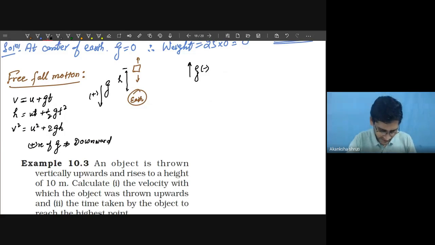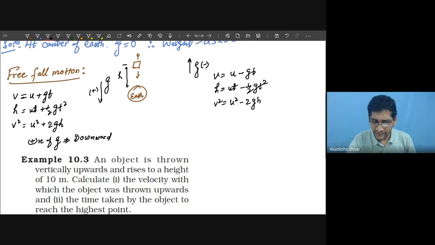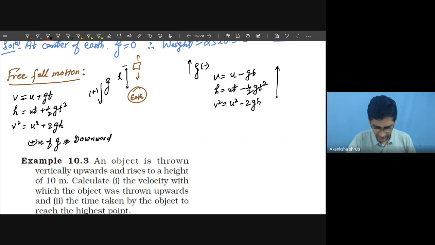So v is equal to u minus gt, h is equal to ut minus half gt square, and v square is equal to u square minus 2gh, when the body is moving upward.